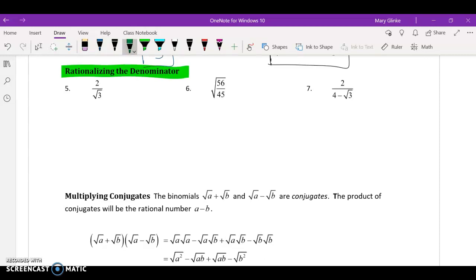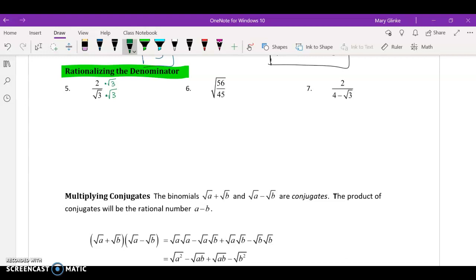out of the denominator. So when you have something that you can't simplify anything right now, what we need to do is multiply the numerator and the denominator by the same number so that we can get that radical out of the denominator. So we're going to take that denominator, the root 3, and multiply both the numerator and the denominator by that number.